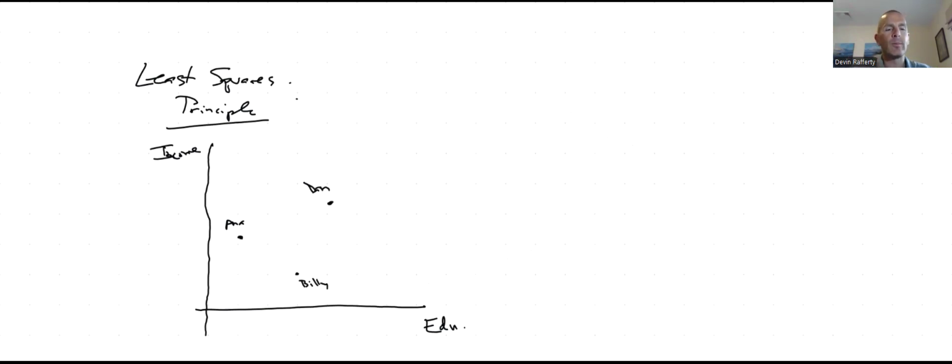Okay. What this least squares principle will do is look at these points of Anna, Dan, and Billy. So Billy has this much education and he makes this much income. Anna has this much education, but makes this much income. Billy has more education than Anna. Anna's education is here. She may only have a high school degree.